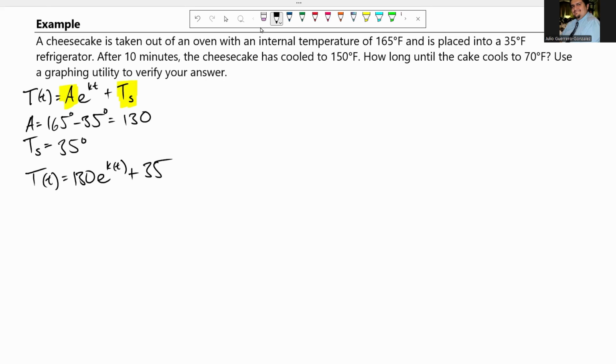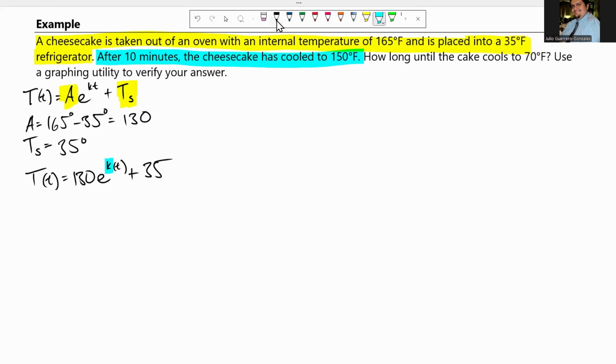We still don't have a model yet because this is missing. We don't know what k is. We were able to do all of this work up to here due to the very first sentence of our problem. To find k, I'm going to use the bit that after 10 minutes, a cheesecake is going to cool down to 150 degrees.